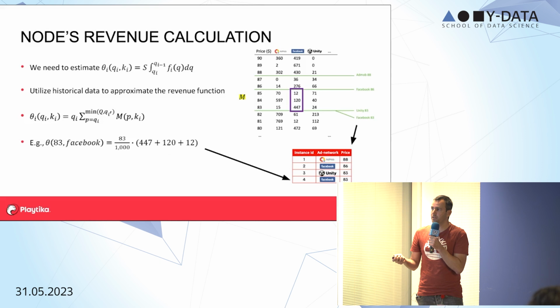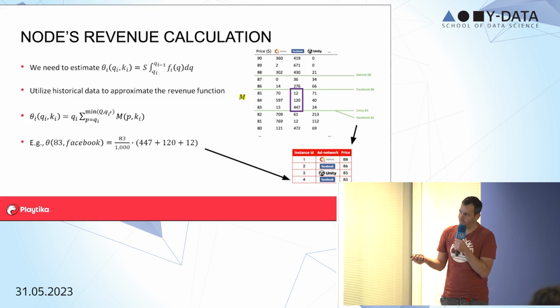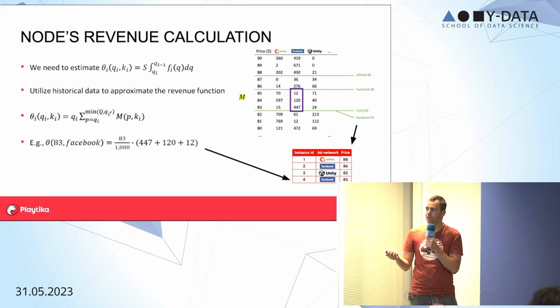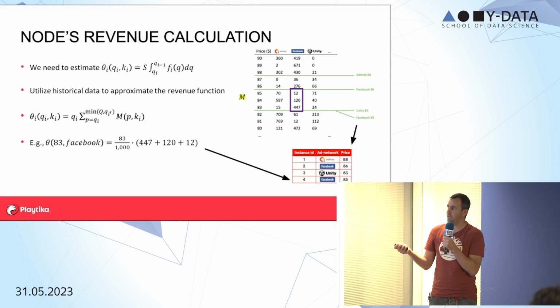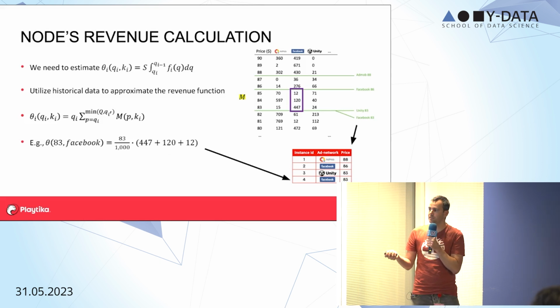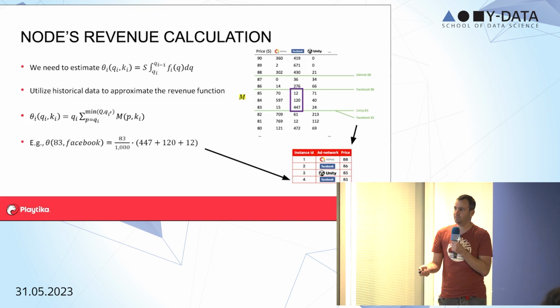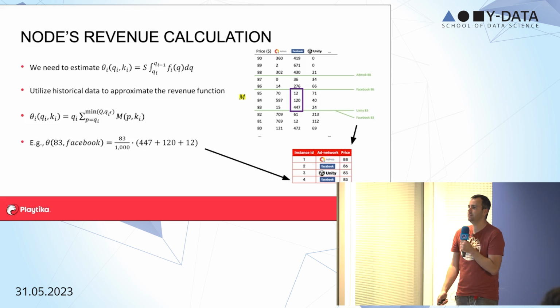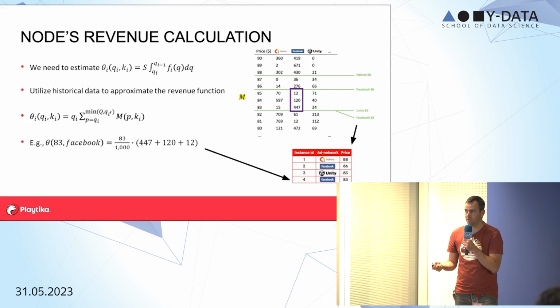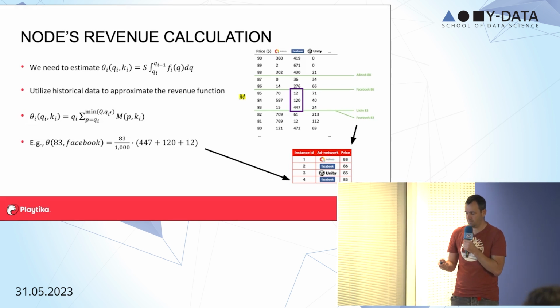And we multiply it by the summation of 447, 120, and 12. We stop here because there is another instance of Facebook for 83. So all the users from here and above will be bought by this instance. So the revenue of this instance is just this calculation, very simple. This is how we calculate the revenue for each node in the waterfall.